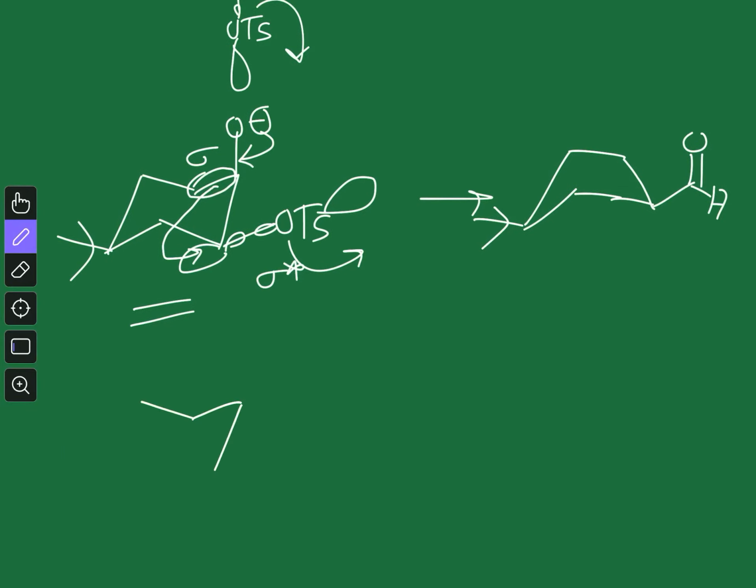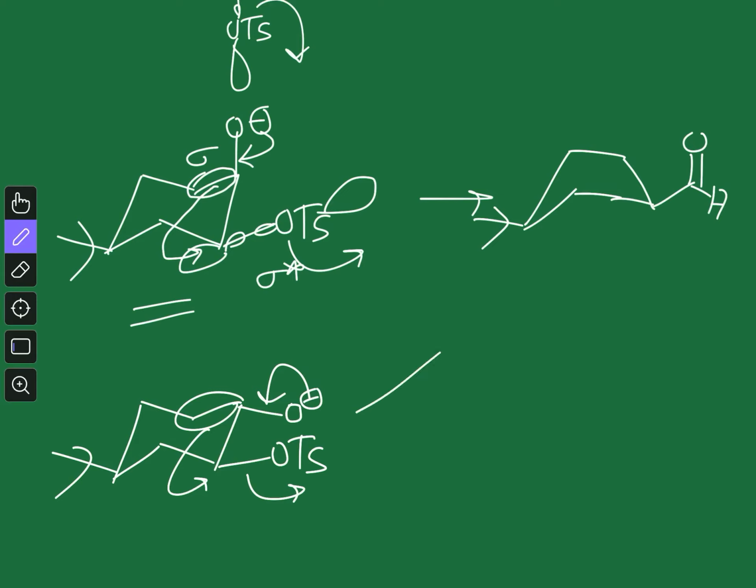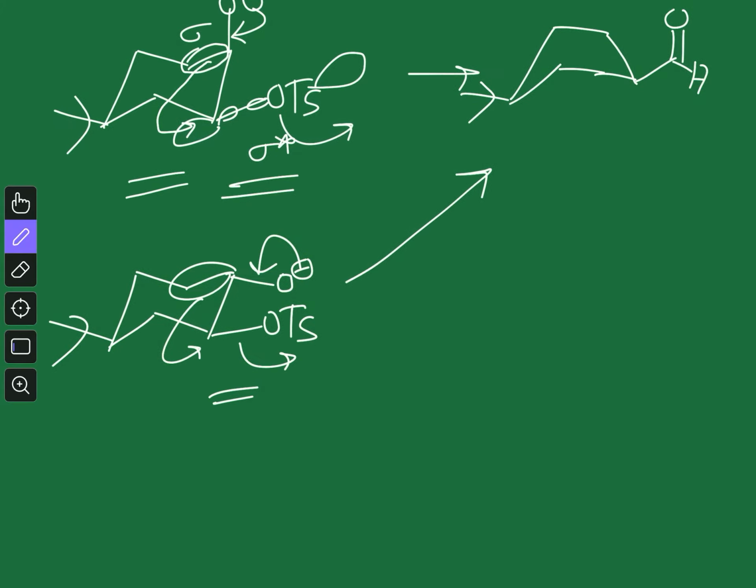Similar thing will happen when the OTS is equatorial and the O minus is also equatorial, because when this O minus pushes back, again this bond can migrate and OTS can go to give the same product. So when OTS is equatorial, it doesn't matter whether the OH group is axial or equatorial, you will get the same product, that is the ring contracted aldehyde.